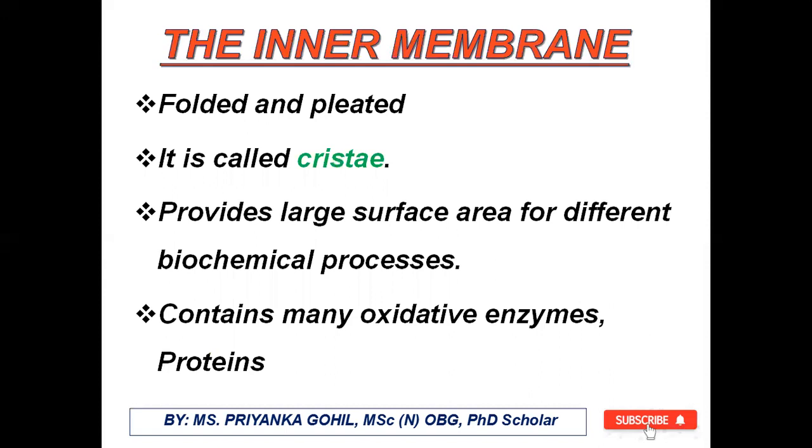Now, this inner surface is impermeable to molecules and ions, but it allows the free passage of carbon dioxide, oxygen, and water. Now, the metabolites are transported across the membrane, and this happens with the help of the transport protein.